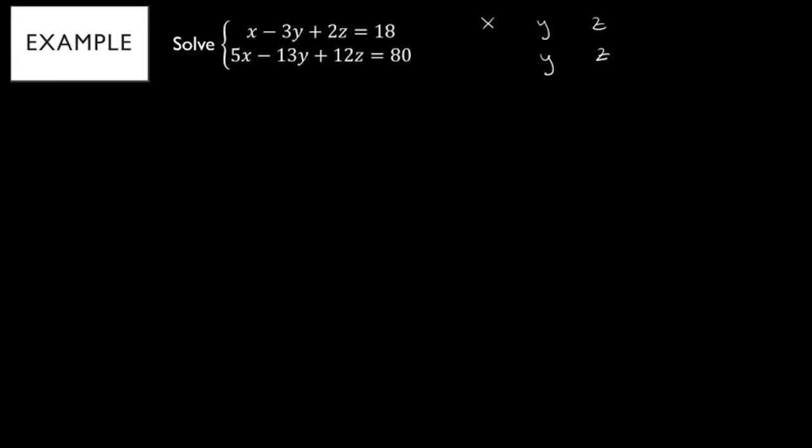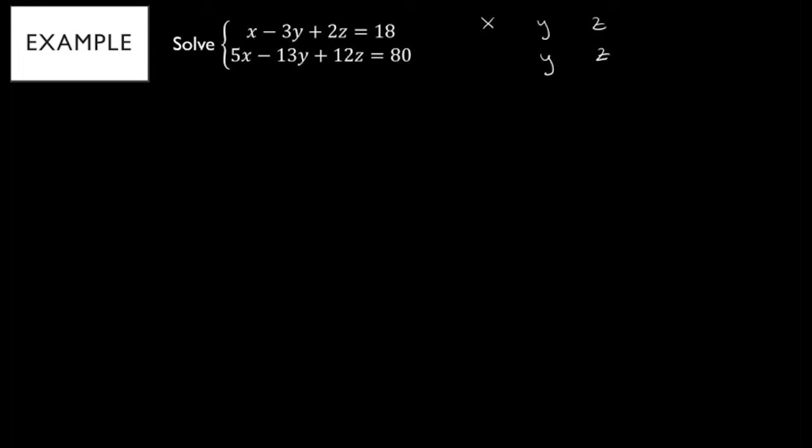That way we're putting it in Gaussian elimination form, row echelon form, is what we call it. So I do this with elimination. I'm going to use elimination to get rid of the 5x, by taking the first equation, multiplying it by -5, and adding. That will give us our new equation that we can replace the second row with.